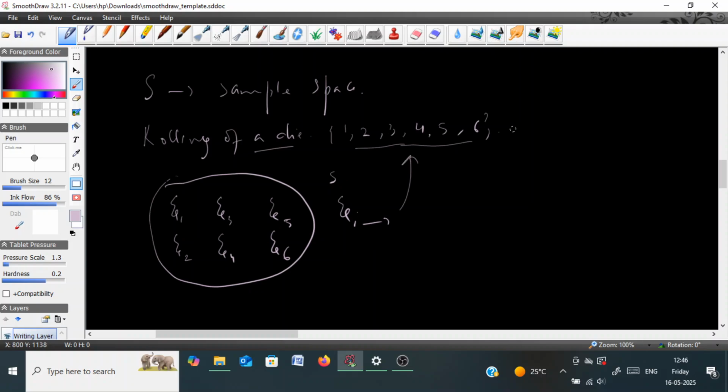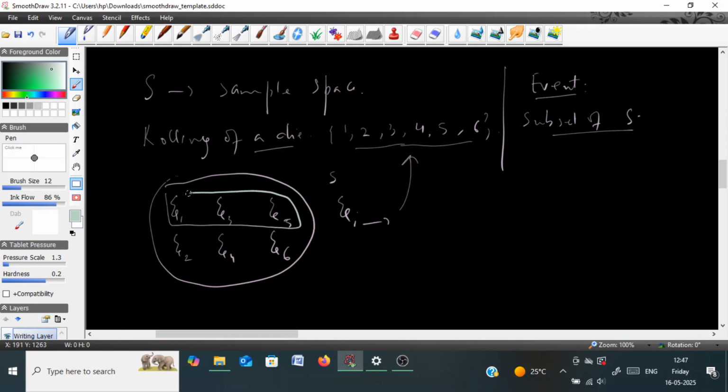Then we define an event. An event is nothing but a subset of sample space S. Suppose I define an event A naught where the outcome of the die is an odd number.